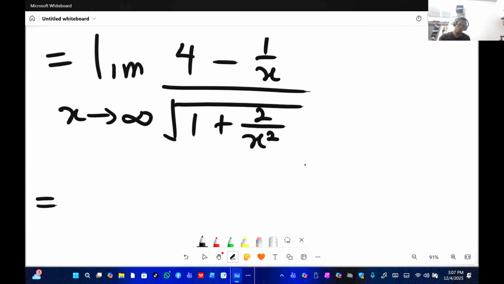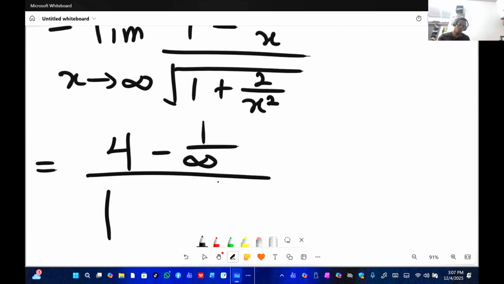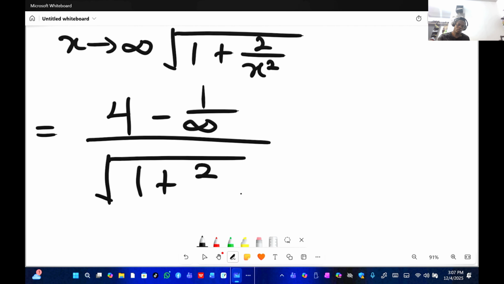We continue to evaluate. Now we can substitute the input, which is infinity. So we are going to get 4 minus 1 over infinity, all divided by the square root of 1 plus 2 over infinity squared.